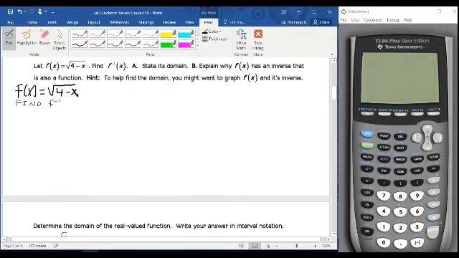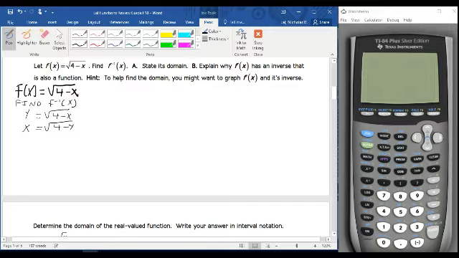To find the inverse of the function, we need to switch the f of x to y. So we have y is equal to the square root of 4 minus x. Then we switch the x's and the y's. So x is equal to the square root of 4 minus y.